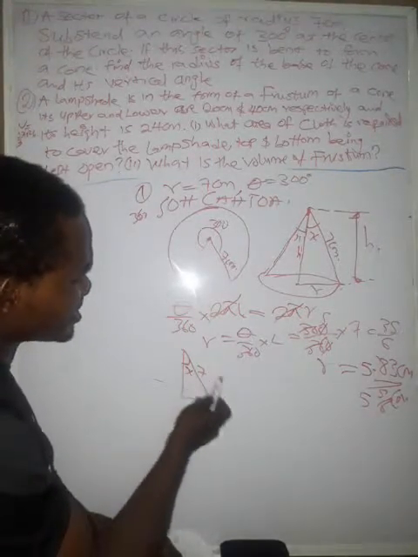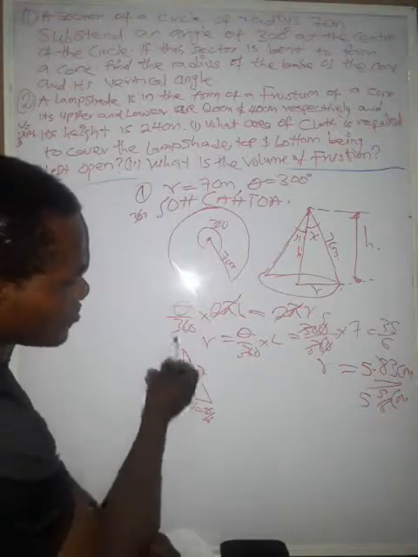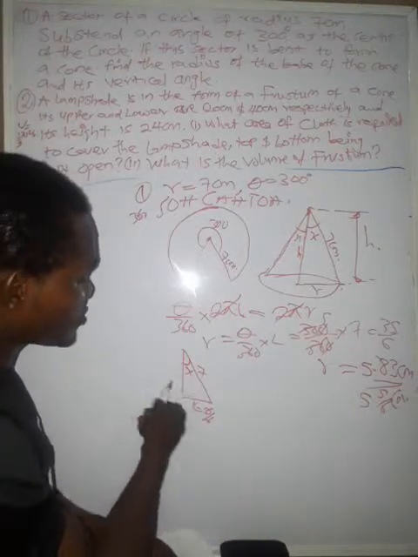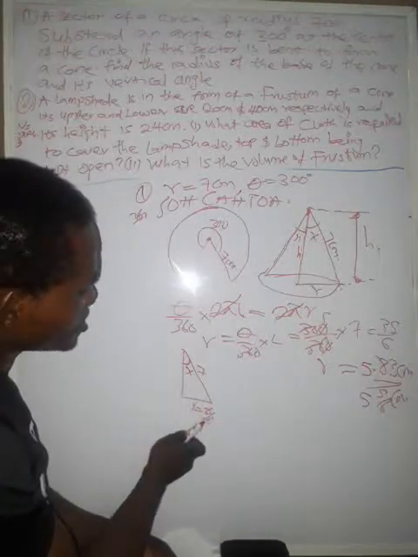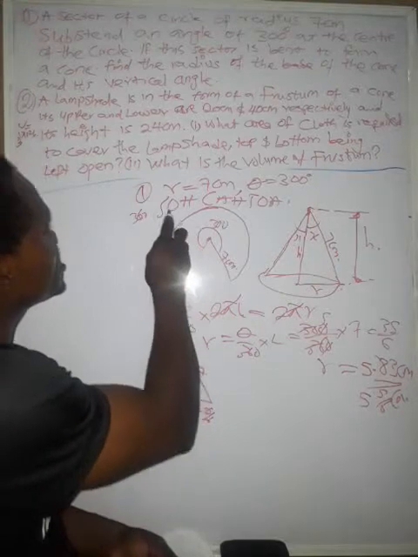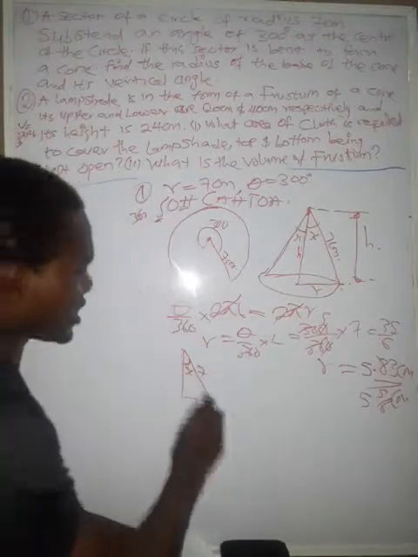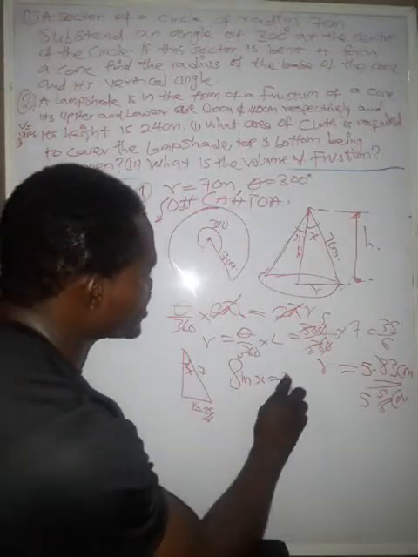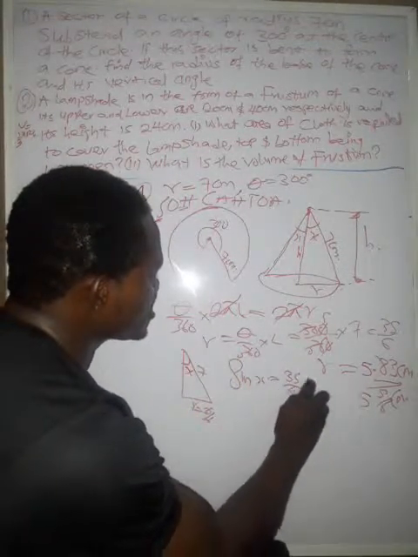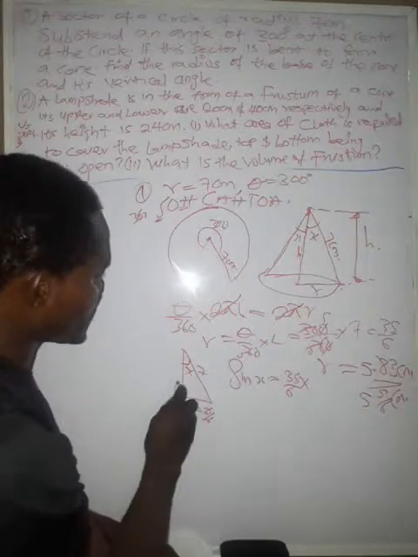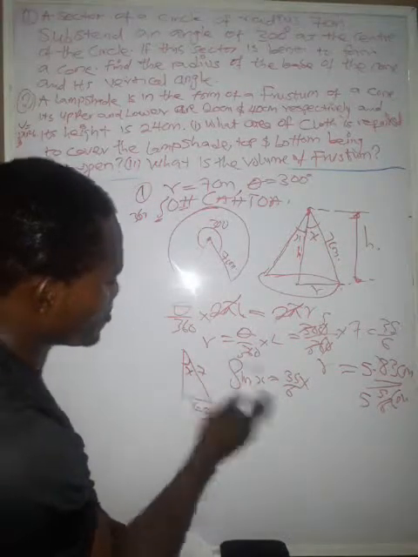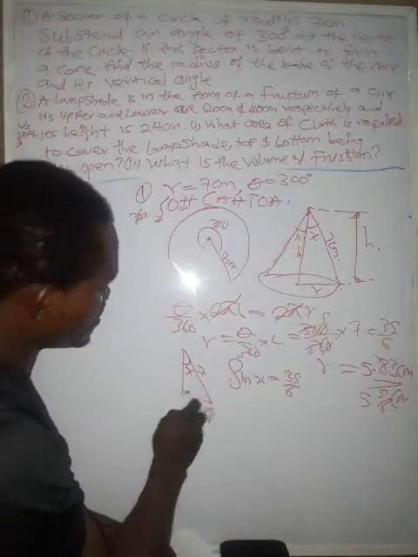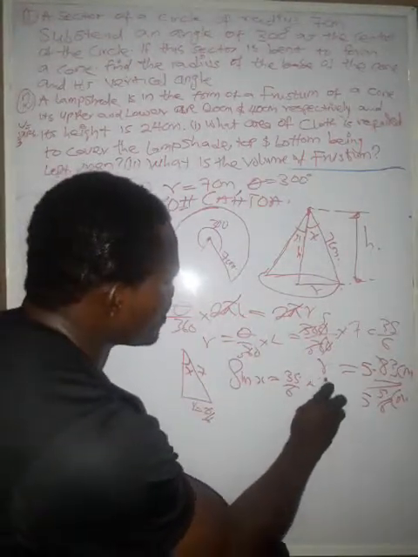If I want to use adjacent over hypotenuse, I need to calculate this place, and for that you just need to use the Pythagoras theorem. But I don't need to go to that length. I just use opposite over hypotenuse, which goes with sine. So sine x equals 35 over 6 divided by 7.